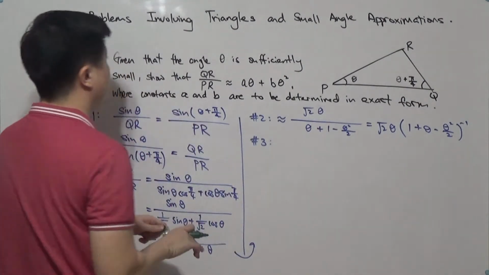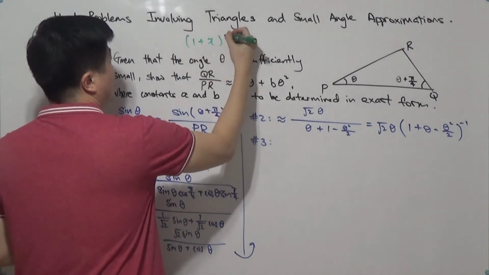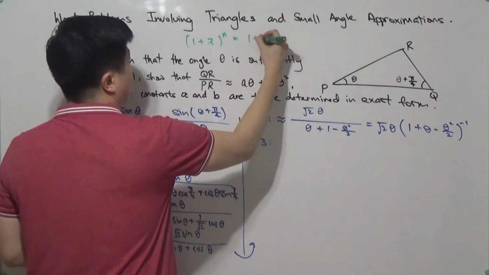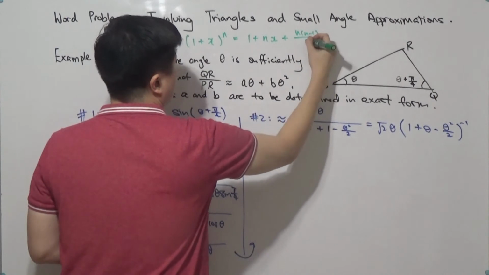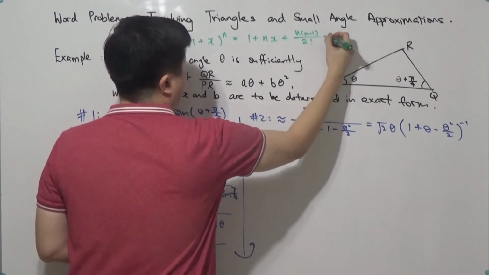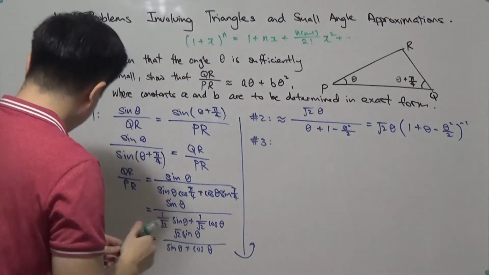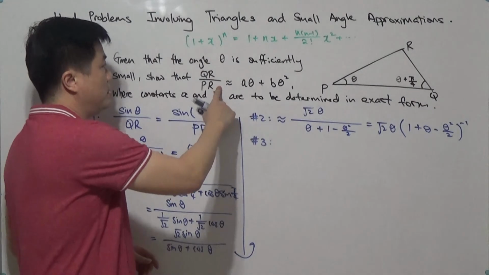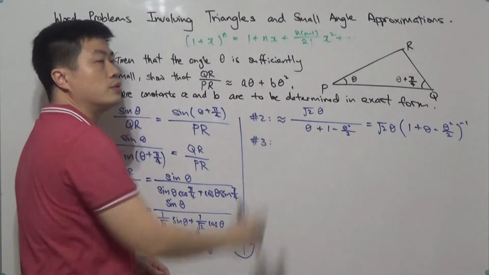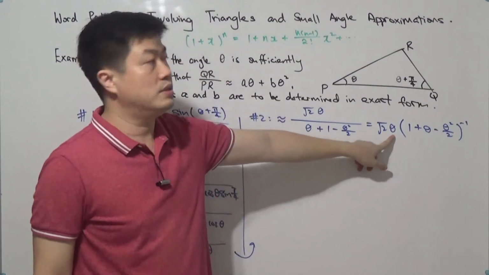So let's just write it down in green over here for reference, and that will be 1 plus x to the power n is equal to 1 plus nx, plus n times n minus 1 over 2 factorial x squared plus dot dot dot. Now, the question wants us to approximate this up to theta square. And you notice that there is a theta on the outside over here.